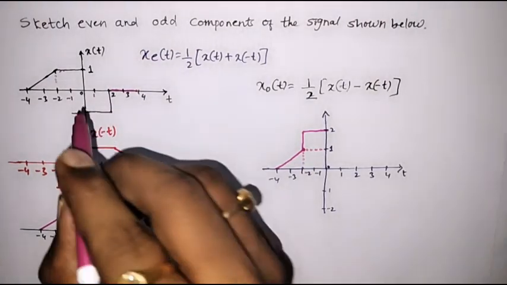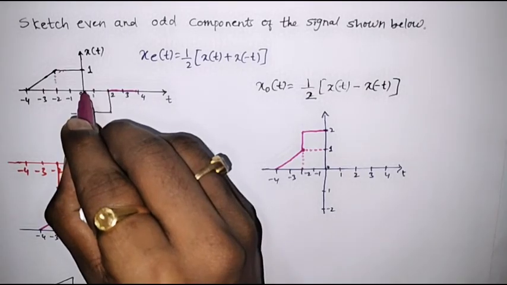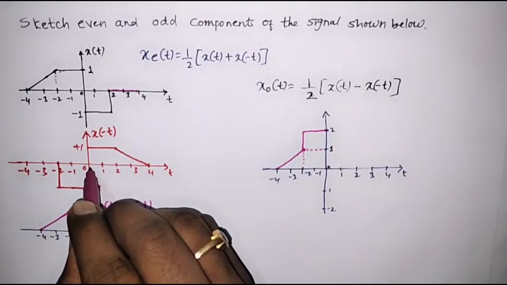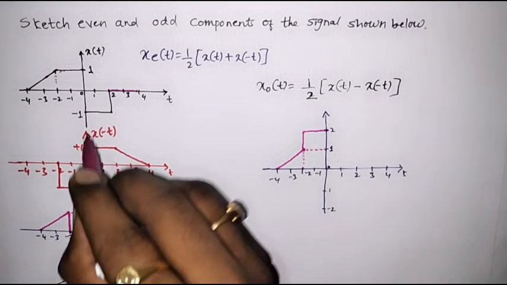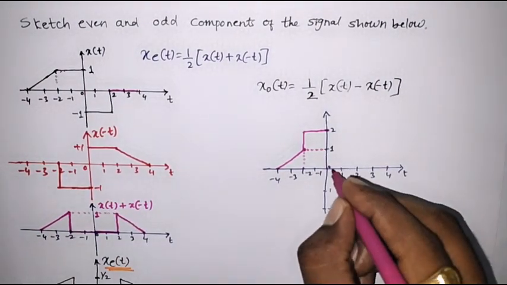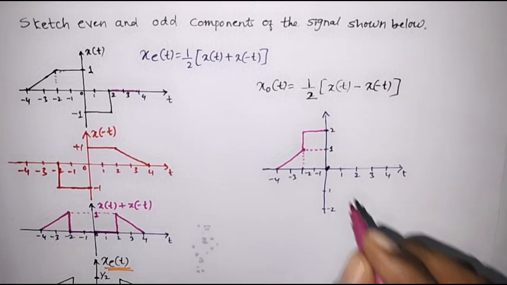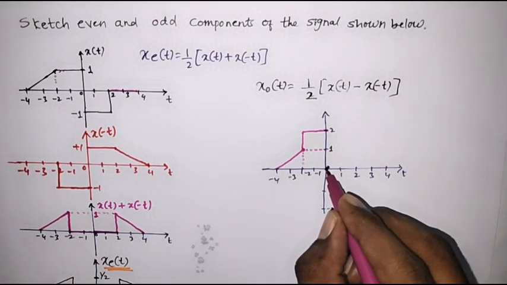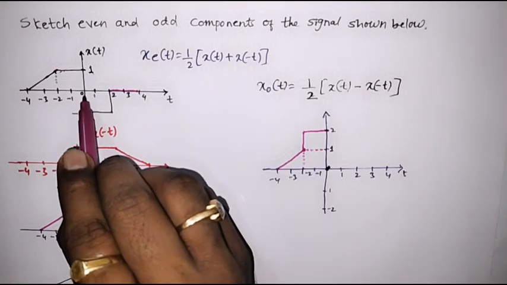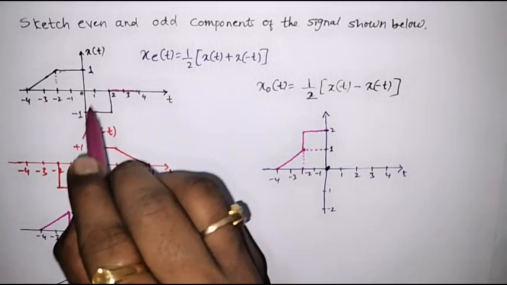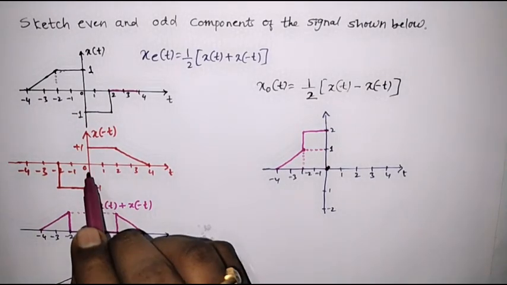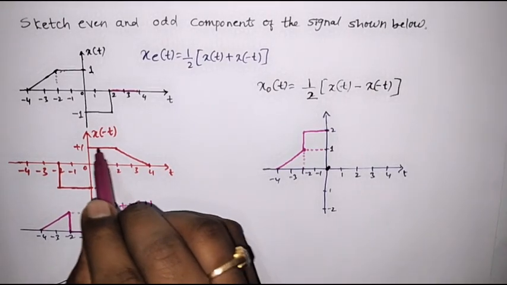Now here we can observe that at t equal to 0 the magnitude of the signal is 1 here. At t equal to 0 its magnitude is 1. So 1 minus 1 will be 0. So at t equal to 0 the value of the signal is 0, which is shown here. Now from 0 to 2 the amplitude of this signal is -1. Here from 0 to 2 the amplitude of the signal is +1.